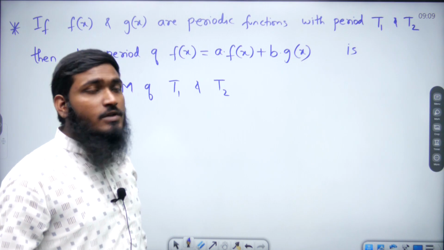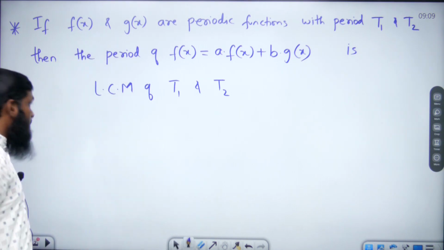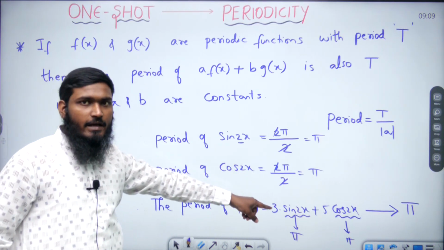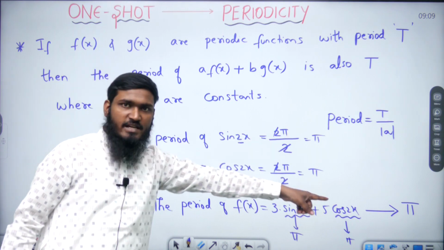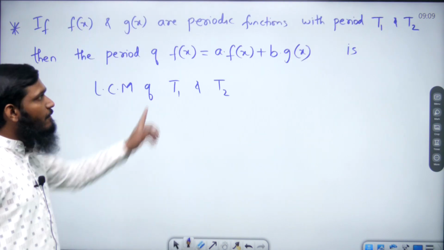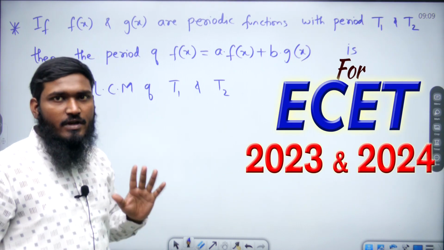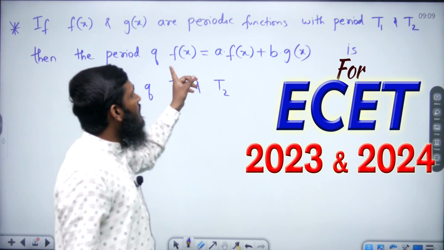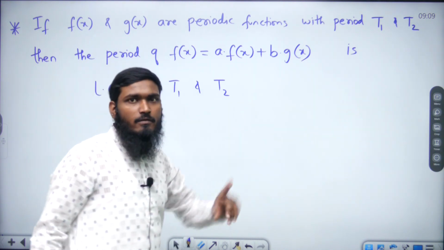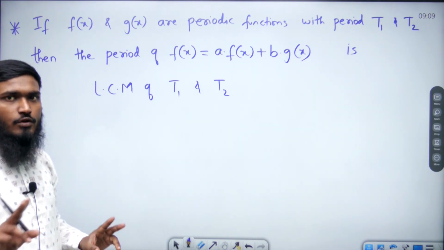Understood the concept? Whenever we have the same periods, we write the same answer. If you have different periods, we have to take out the LCM of those periods. That will be the period of the complete function. So two concepts we have discussed.